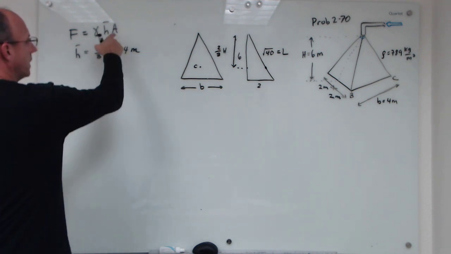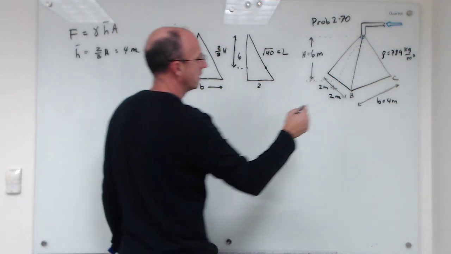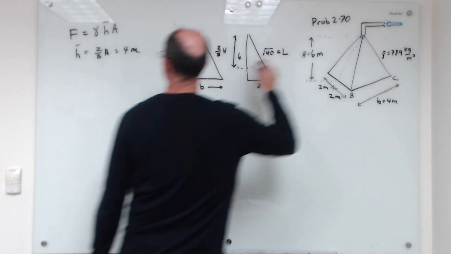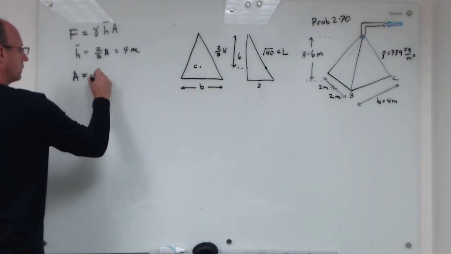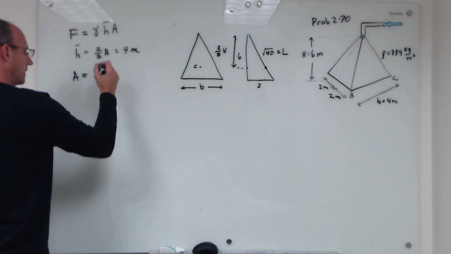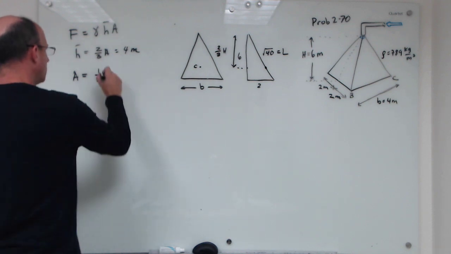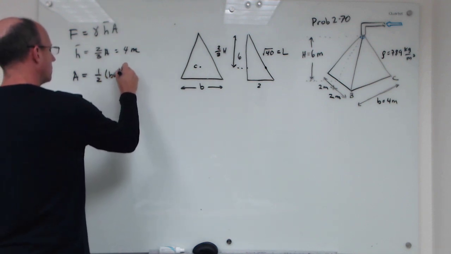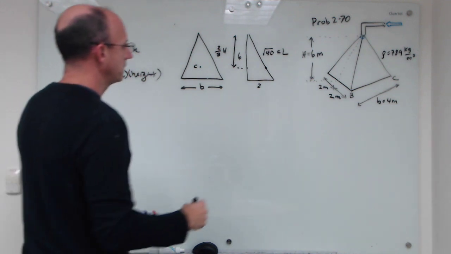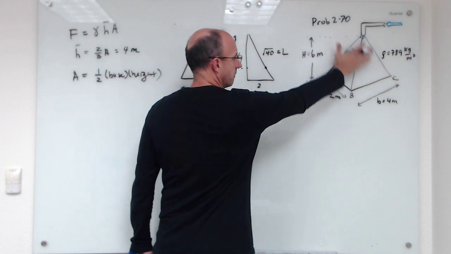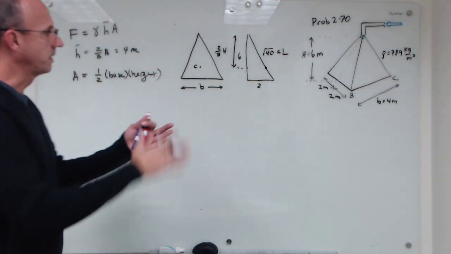And then the area is the total area of this surface. So the area is going to be equal to 1/2 the base times the height of a triangle. But in this case, we have to keep track of the geometry along the face.